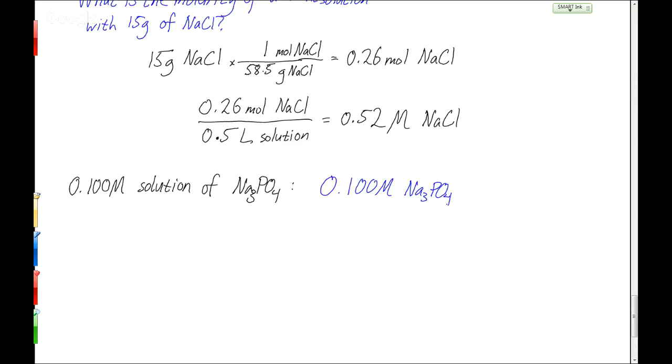But we could also describe it in terms of each ion. There's only one phosphate ion per formula unit of sodium phosphate, right? So that means it's also 0.1 molar in phosphate. But it's triple that concentration in sodium.